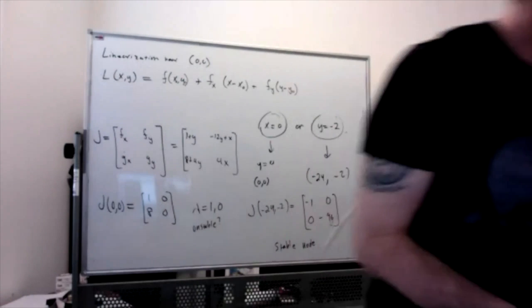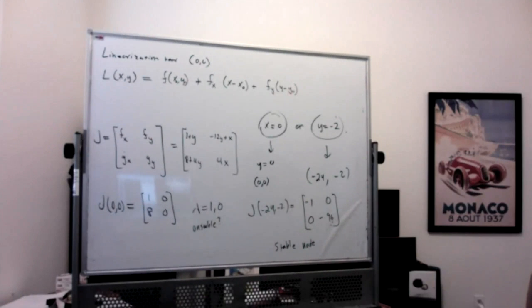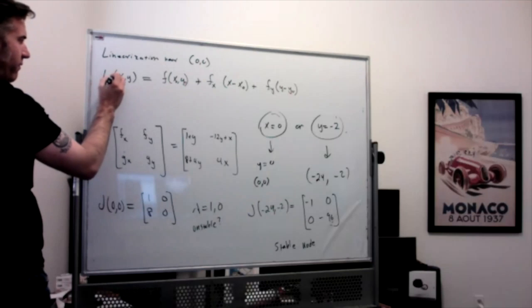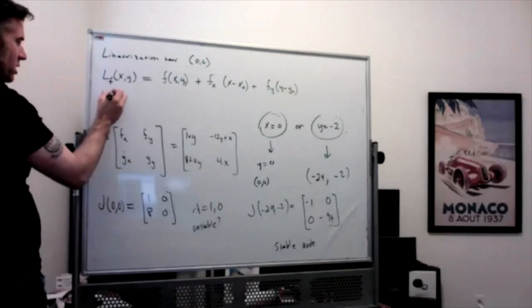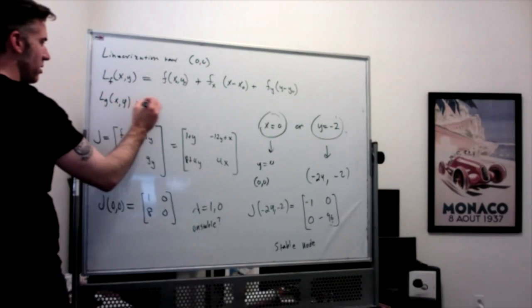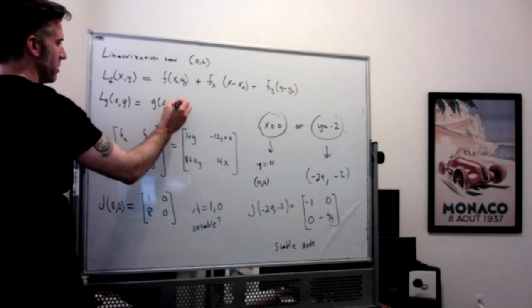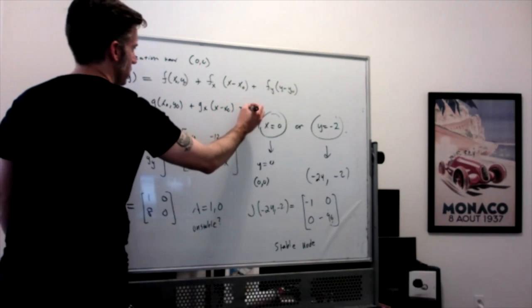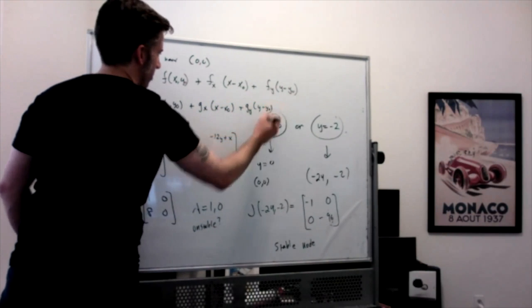That's the linearization of the first one. Sorry, I'm doing something slightly funky here. And then that would be the linearization of f, then the linearization of g would be the same kind of thing. It would be g of x naught y naught plus gx times x minus x naught plus gy times y minus y naught.